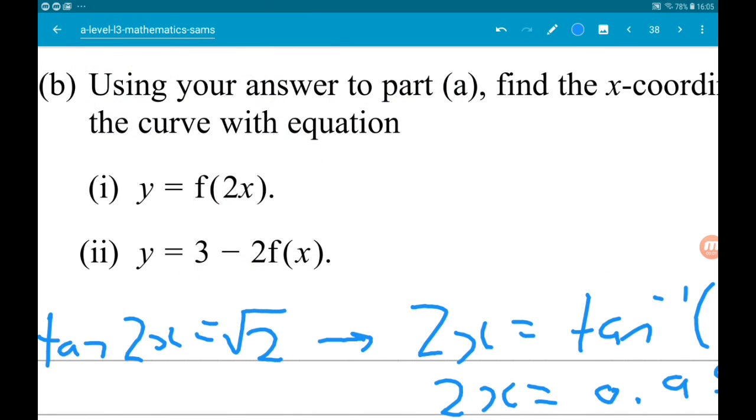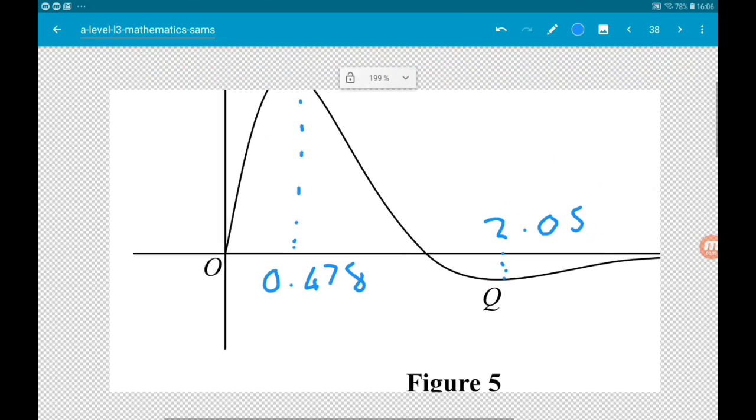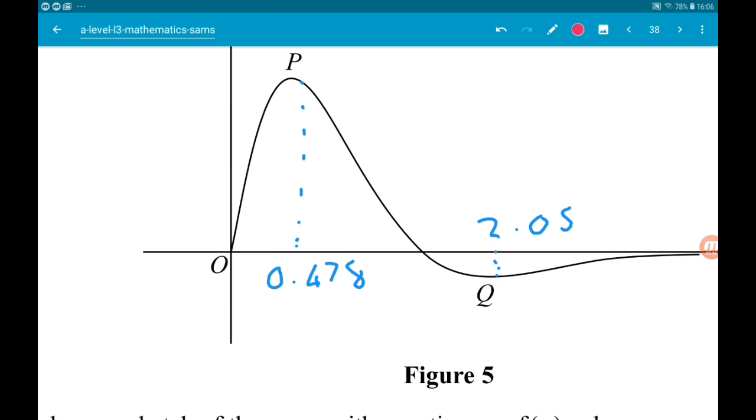Okay, then for B part 2, we want y is 3 minus 2f of x. So we need to think about what that is going to do to the graph. So multiplying the function by minus 2 is going to stretch it with a scale factor of 2 and reflect it in the x-axis. So the minimum is now going to be the first turning point.